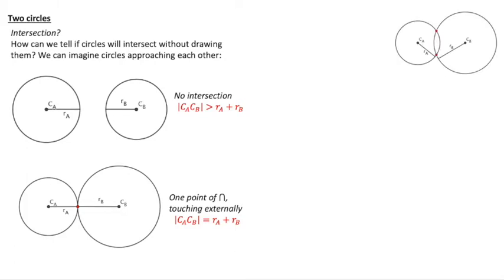The next thing that happens is that the circles will intersect in two places, but the distance between the centres is now less than the sum of the radii. But there's something else that's starting to happen as well. In this situation, if we look at the difference between the radii, that is less than the distance between the centres.